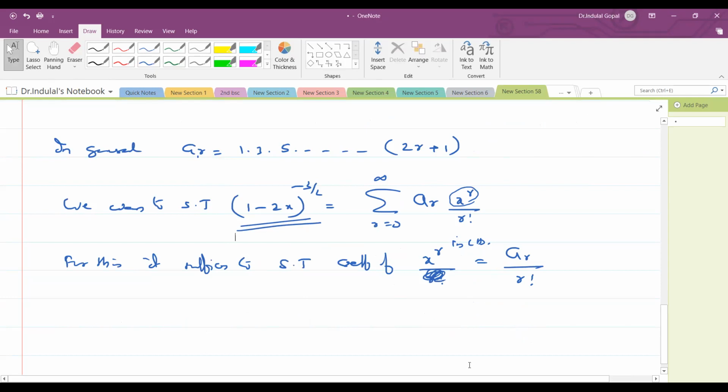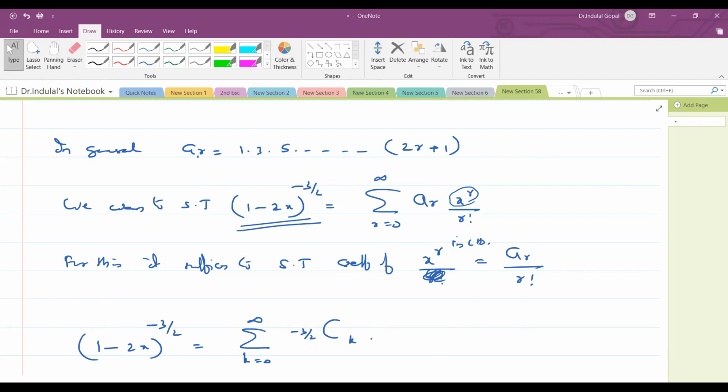Here we use the generalized binomial expansion. So what is 1 minus 2x all raised to minus 3 by 2 by our generalized binomial expansion by Newton? 1 minus 2x all raised to minus 3 by 2 is equal to sigma k equal to 0 to infinity minus 3 by 2 c k into minus 2x raised to k.